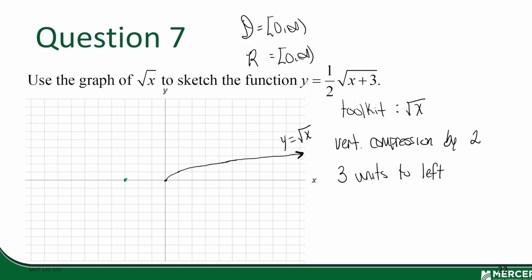And now, the compression. This is going to be annoying. All right, so square root of 1 is 1. That's going to move to the left by 3. And multiply by 1/2. I don't know, right there.